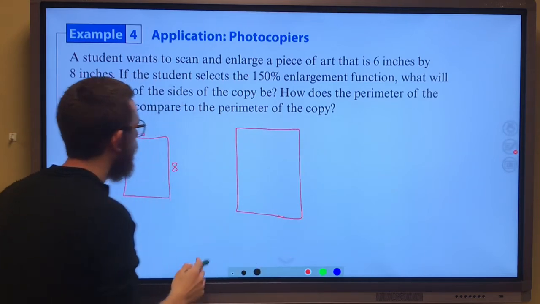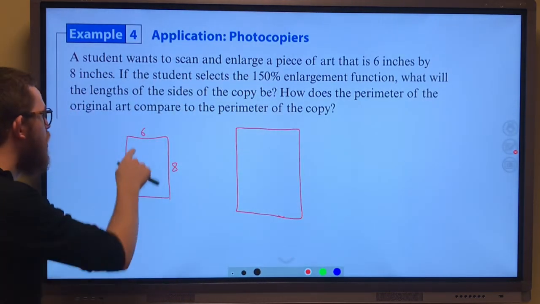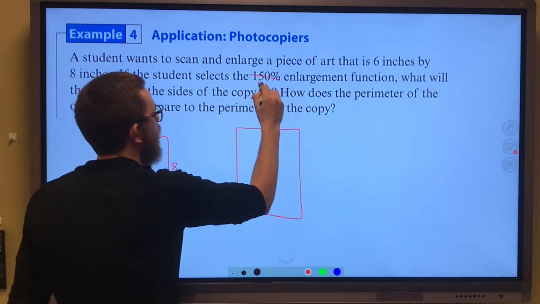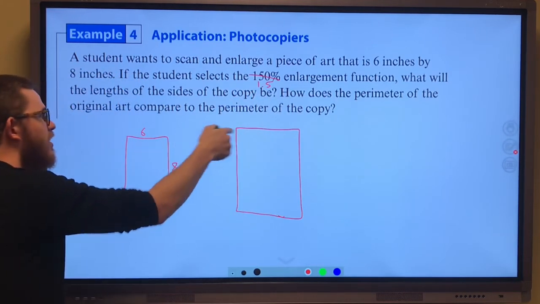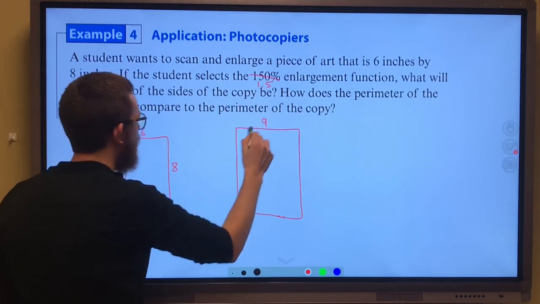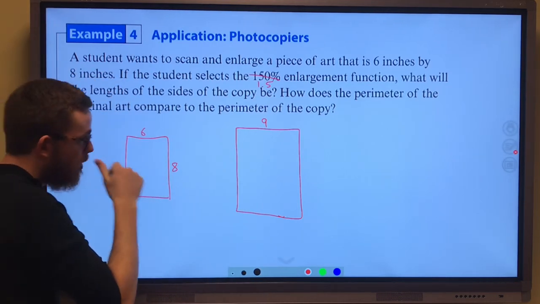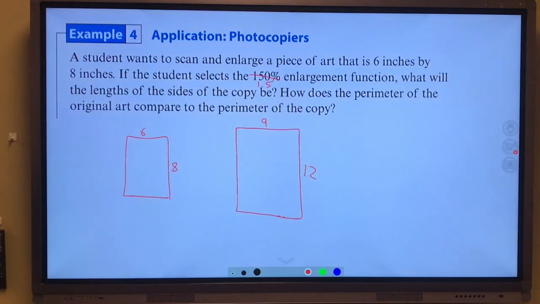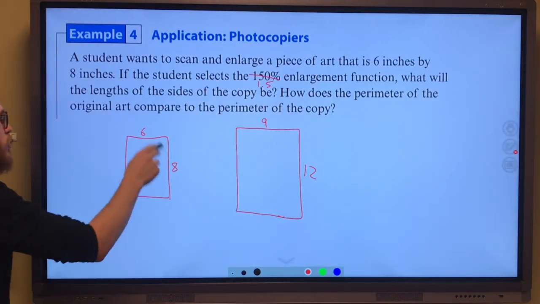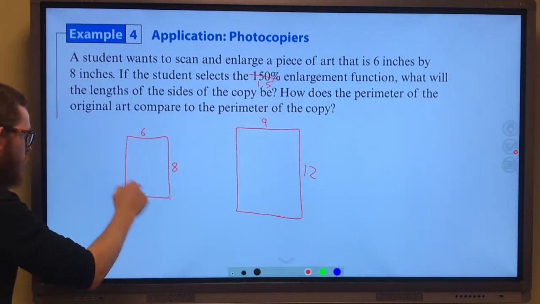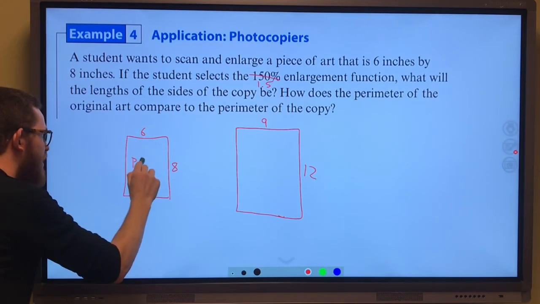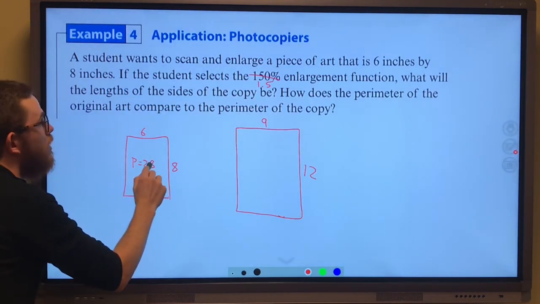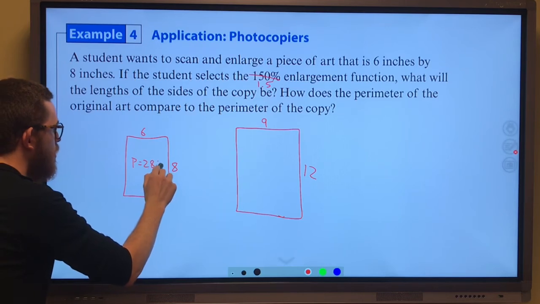We are creating a similar figure here. 150%, we think of that as 1.5. 6 times 1.5 gives us 9. 8 times 1.5 gives us 12. So the perimeter of the original piece of art, 14 plus 14, is 28. We're in inches.